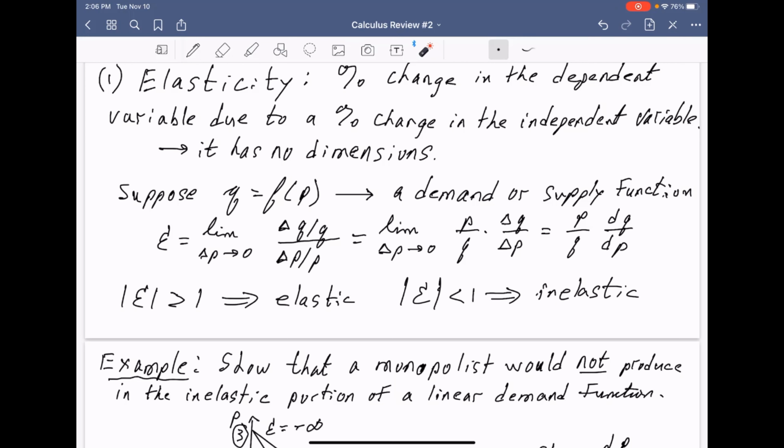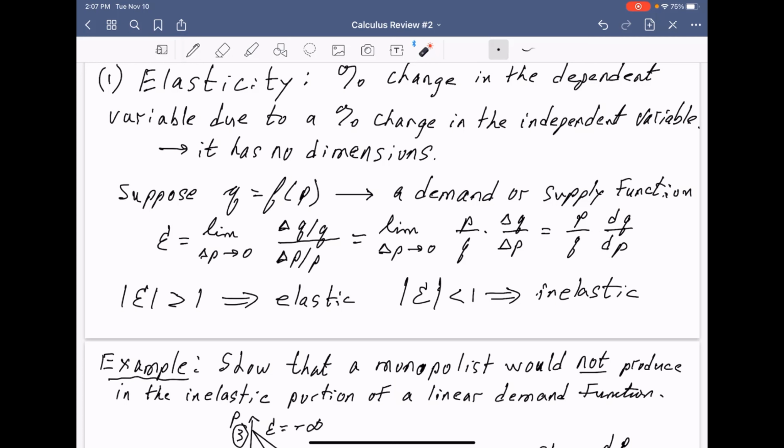So we're going to take the limit as the price goes to 0, and we get this particular expression here, P over Q times dQ over dP. Or we can rewrite this as P over Q times 1 over the slope of either the supply or the demand function, depending on which is which.